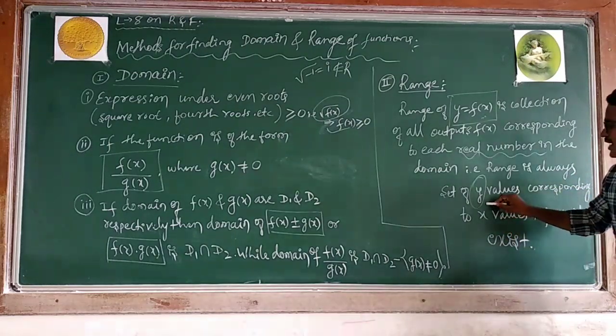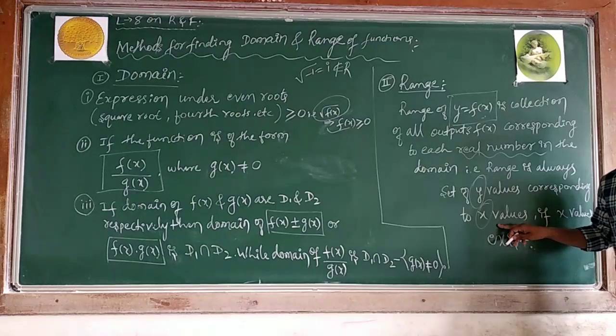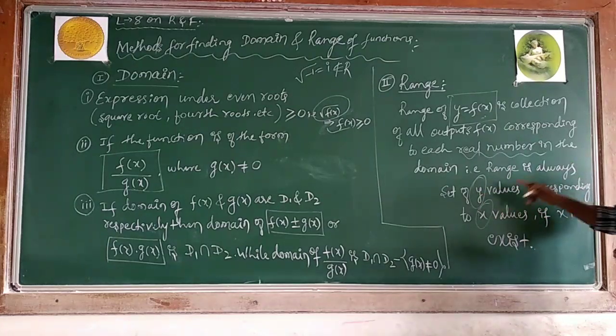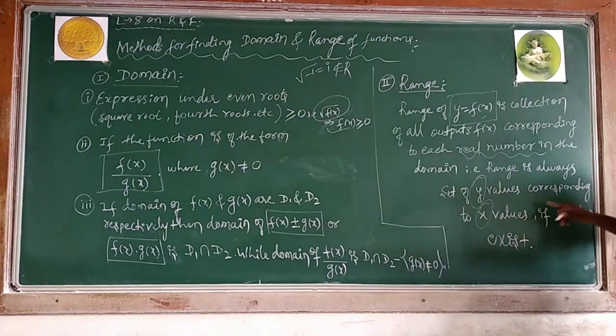What is the x value? X is always the domain. Means range is always the corresponding values of the domain, the set of y values corresponding to x values if the x value exists.